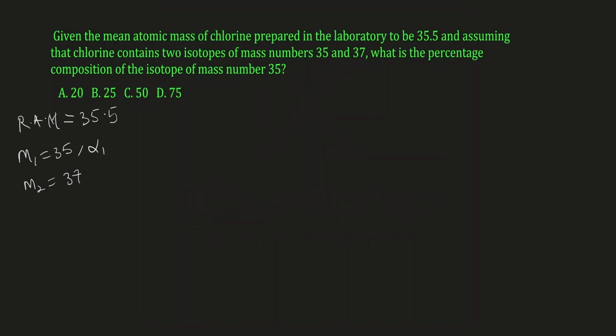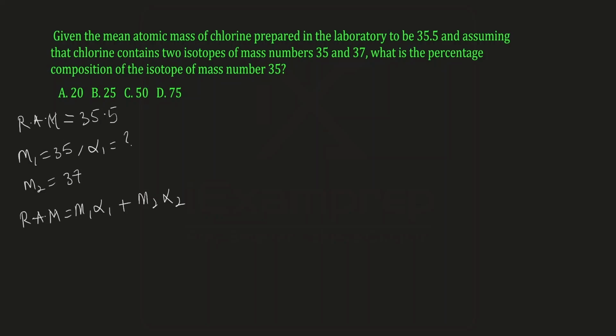So we are looking for the percentage abundance of this first one. I will say it is unknown. Now, the formula for calculating relative atomic mass is mass of the first isotope multiplied by abundance of the first, plus mass of the second multiplied by abundance of the second. We stop there because we have two isotopes.